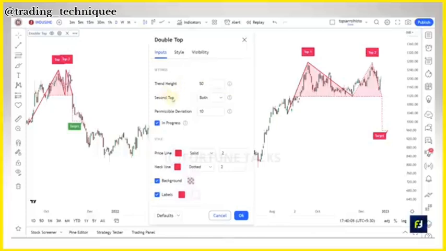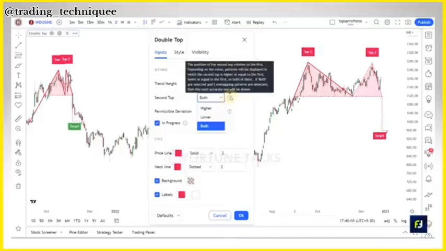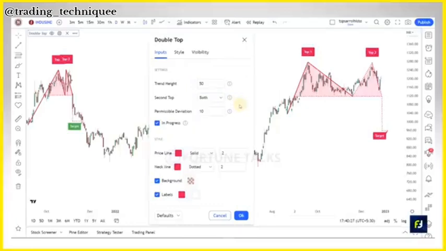Now the next parameter is the second top, which means where do you want the second top to be formed? Do you want it exactly at the same height, or higher, or lower? Depending on this parameter, different double tops will be displayed on the chart. Now the final parameter is the permissible deviation, which refers to the extent to which the second top should vary from the first top.